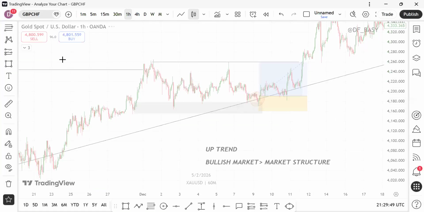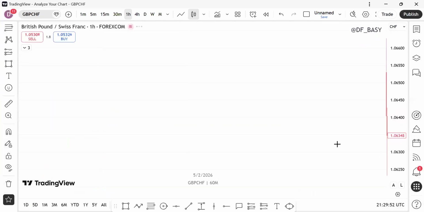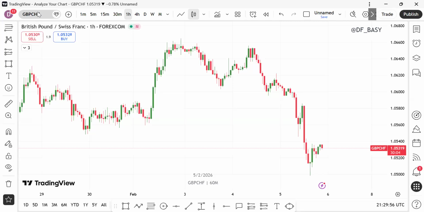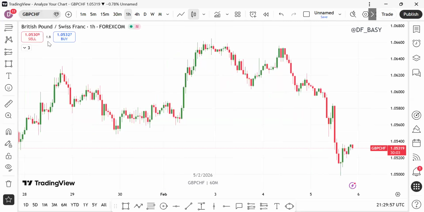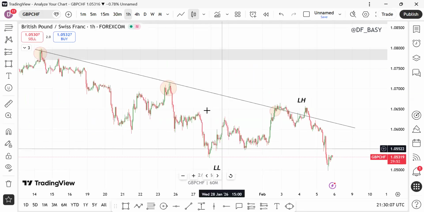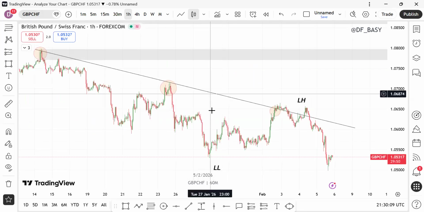So going over to GPCHF, it's here. With this, you can identify that this is a bearish market structure. This is a bearish market, bearish trend, or a downtrend, whichever way you want to put it.